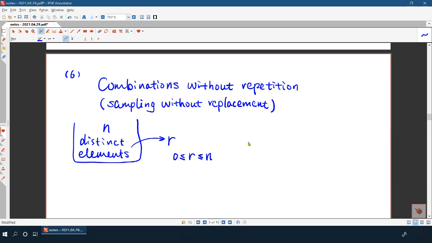The total number of ways we can do this is called C(n,R), which can be calculated by P(n,R) over R factorial, and equals n factorial over (n minus R) factorial times R factorial, right? This is called combinations without repetition.